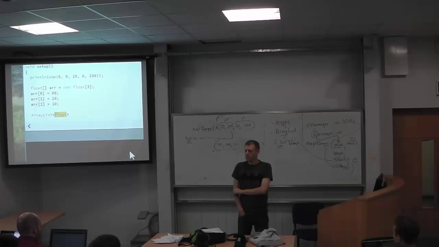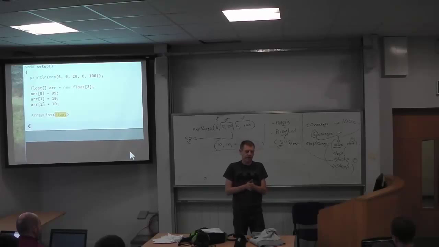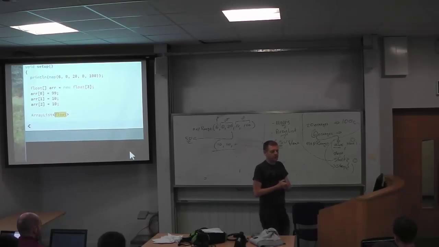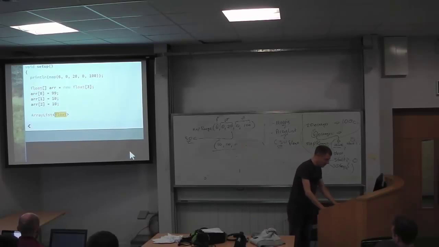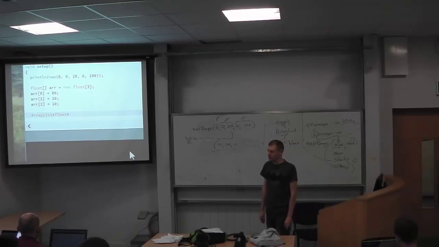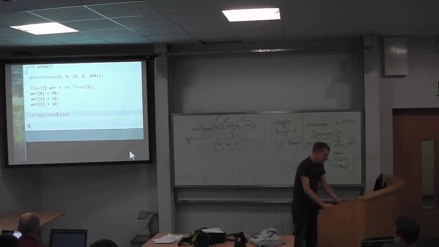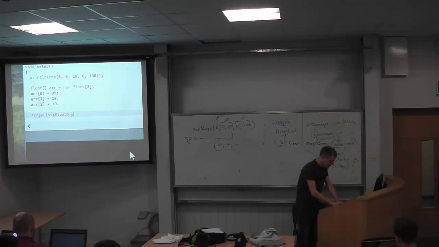There are primitive type wrappers for integers, floats, booleans, etc. Strings are okay, because strings are already objects. But when you want to put integers and floats into an ArrayList, you have to use Float with an uppercase F. We need to get into the habit of doing that when we're using ArrayLists. This is the primitive type wrapper for the float. So we've got ArrayList of Float. Let's call this arrList equals new ArrayList.